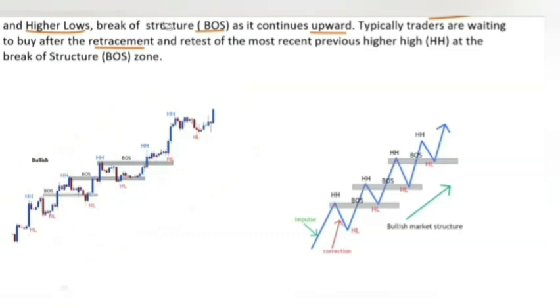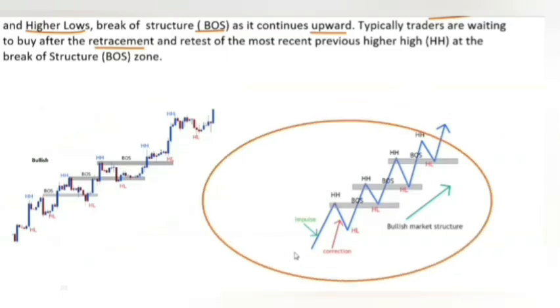So this is a typical bullish market structure, and this is how it would look right here. You have the impulse here and then the correction, or the retracement, giving us a higher low, a discount to buy to the upside. When it breaks this previous higher high to form this new high, this becomes a good pivot area.